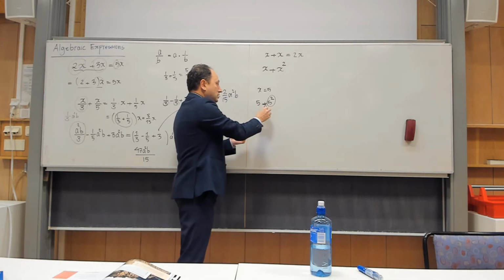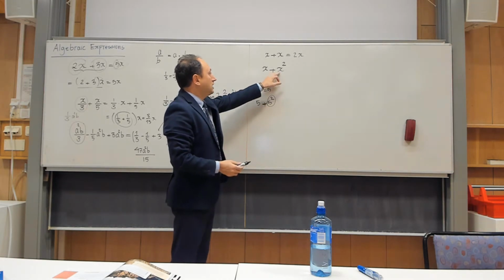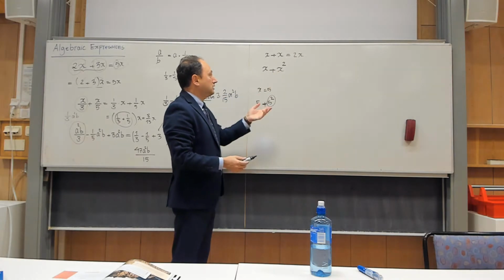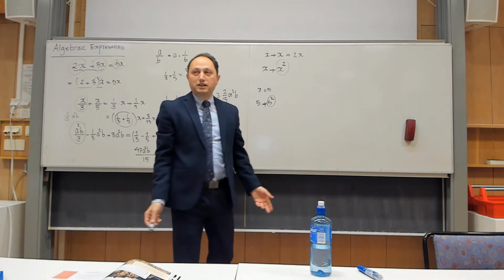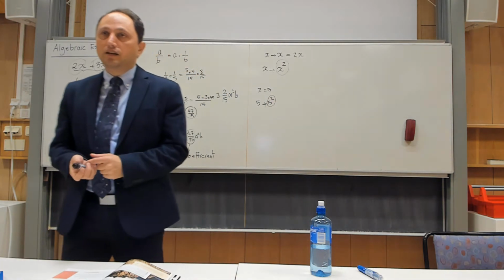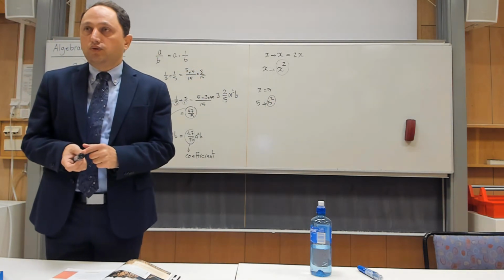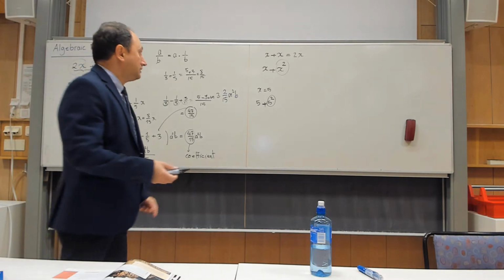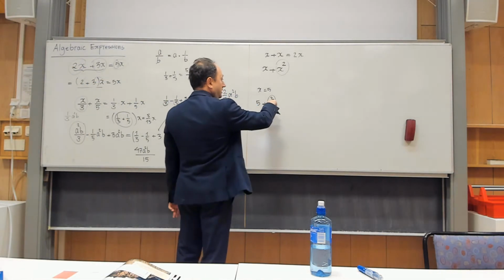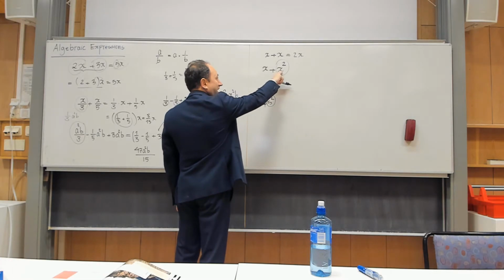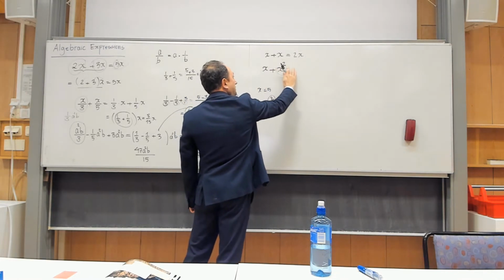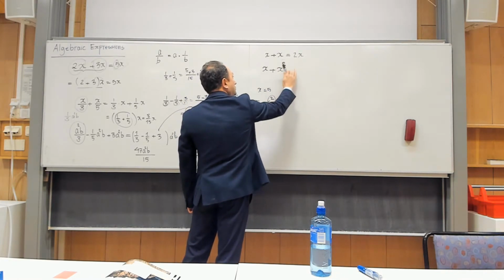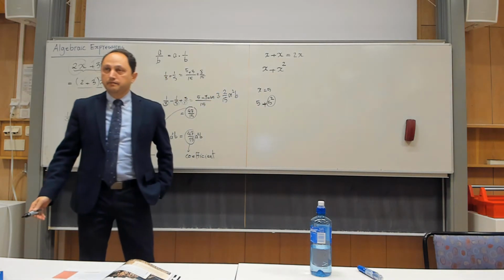So this addition comes later. But here, when I am facing letters, I cannot actually continue with this part. If you ask me what can I write instead of x squared, I can say nothing. x squared is just x squared. And then, because the priority is with this power, and this cannot be accomplished, I cannot go to the next step. So it means that if I ask you to simplify this expression, you do nothing and just leave it.